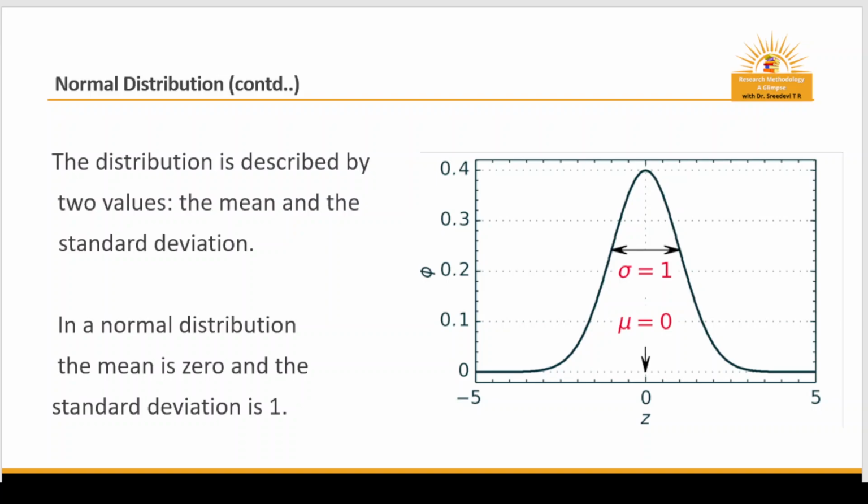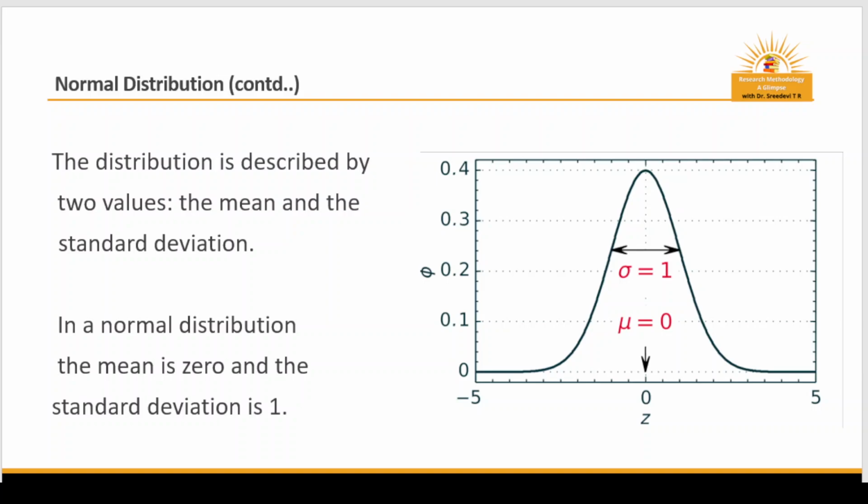Smaller standard deviation means values are close to the mean, data are close to each other and the graph becomes narrower. But larger standard deviation means data are spread out and the graph becomes wider.